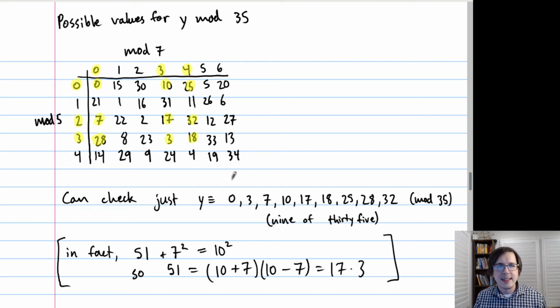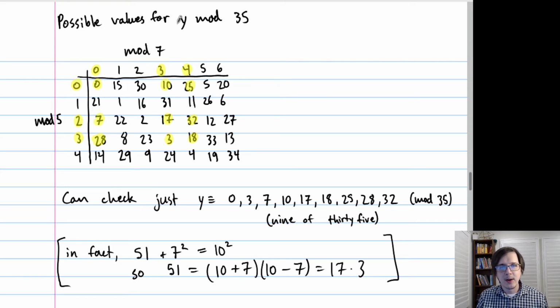To illustrate how much this really does exclude, because 5 and 7 are coprime, we can apply the Chinese remainder theorem. Inside the square are all the numbers mod 35, and they are positioned so that the row they are in is their residue mod 5, and the column they are in is their residue mod 7.